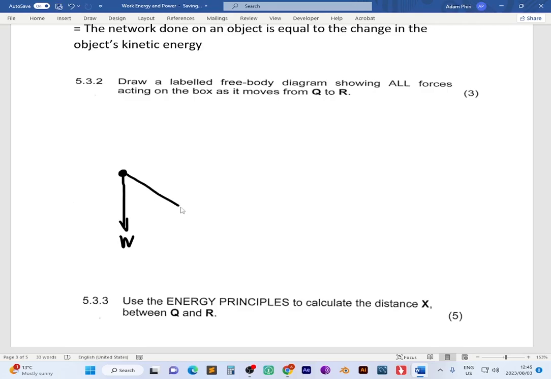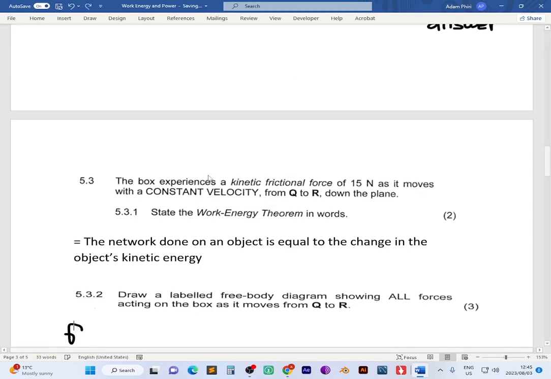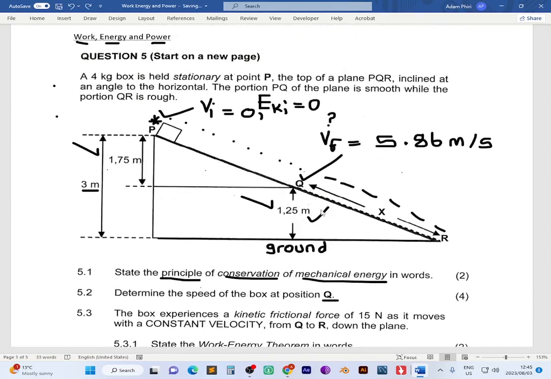The weight points in that direction in all the problems in free body diagrams. At least you must get 1 mark for every diagram, because you know that the weight will always point down. Then we look at the friction, which is F, and we have FG parallel. You have weight, normal force, and friction because it's going down.